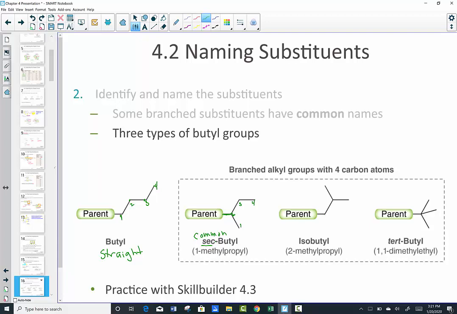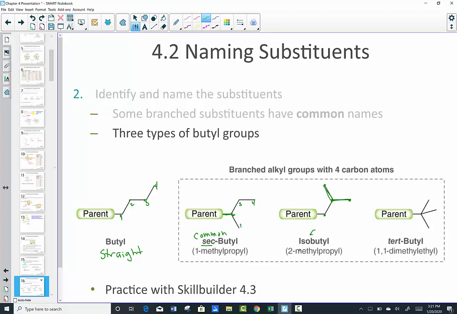Here we have a parent chain, 1, 2, 3 carbons long, and on the 2nd carbon is another methyl group. This is commonly called isobutyl, because the 2nd carbon is branched. Notice please that there is no hyphen between the term iso and butyl. It is all one word.